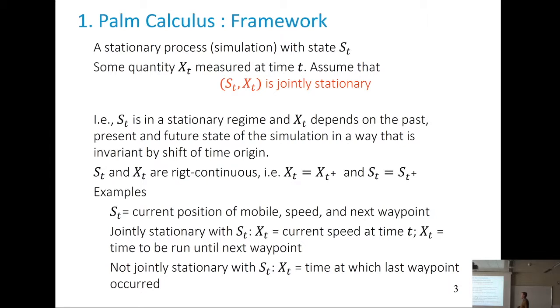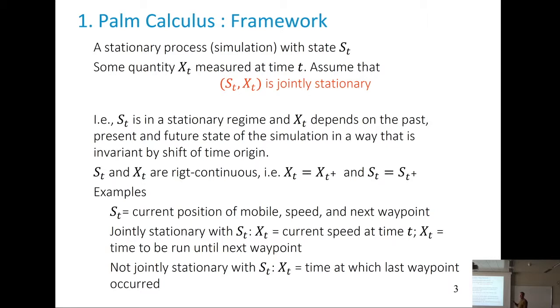Things that are jointly stationary with X(t) are, for example, the current speed at time t, or the time to be run until the next waypoint, how much time is left in the current trip until we reach the next waypoint. We can ask the question about this. And all of this satisfy this assumption here. They are invariant by a shift of time origin.